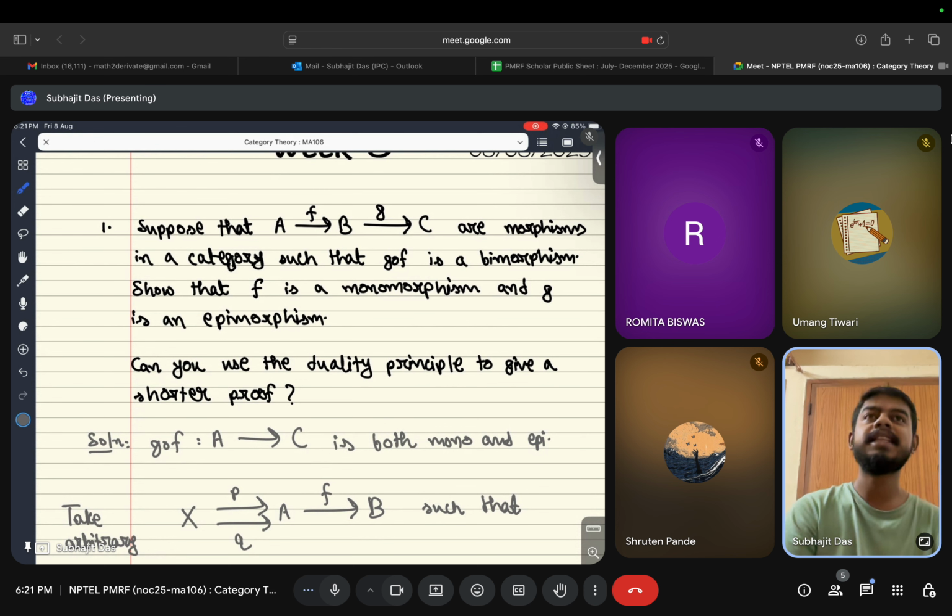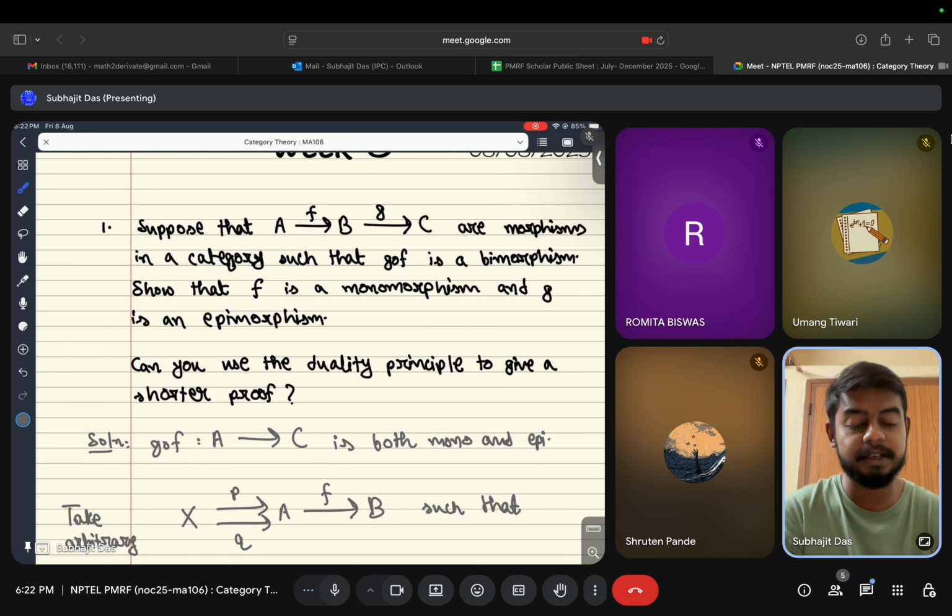You have seen that if a composition of two functions of sets is both injective and surjective, then the first function that you start with should be injective and the second function should be surjective, right? The same thing happens here, except that injectivity is replaced by its category theoretic analog, which is called a monomorphism. Surjectivity is replaced by its category theoretic analog, which is called an epimorphism.